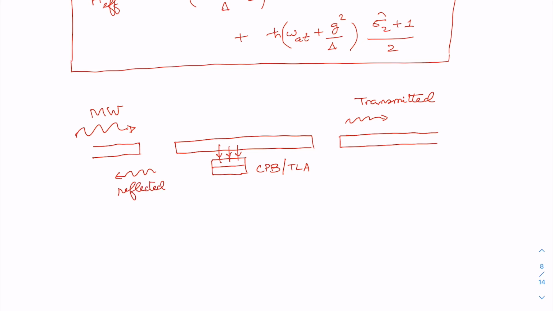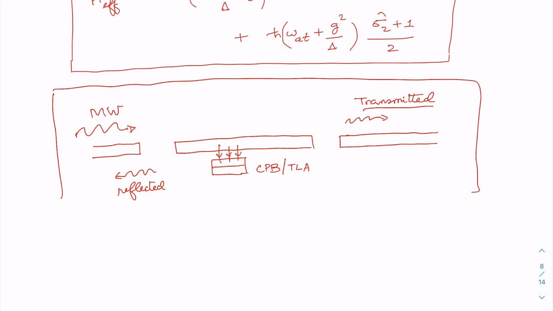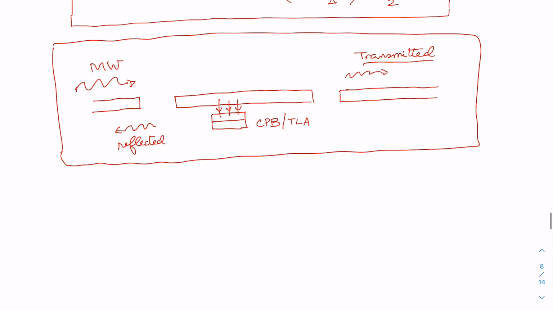What is done in experiment is that by looking at the intensity of the transmitted beam, the experimentalists infer the state of the Cooper pair box or the two-level atom, and other things about the system.